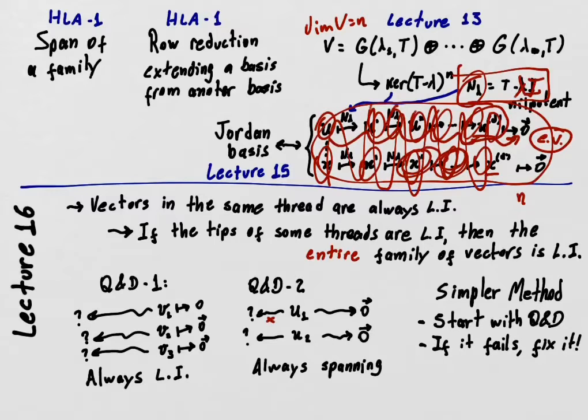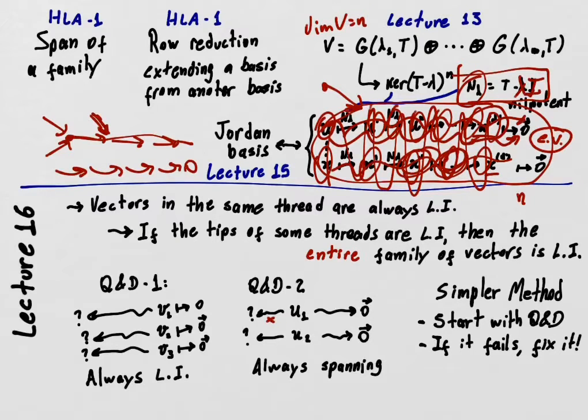You look at the collection of vectors and you just see if they are ordered in threads like this, and you don't have anything like this, threads of this type. You don't have this type of thing. It's really just one vector and then it ends. They don't merge. The threads, they don't merge. Each thread eventually ends at 0. This is what a collection of threads would look like.